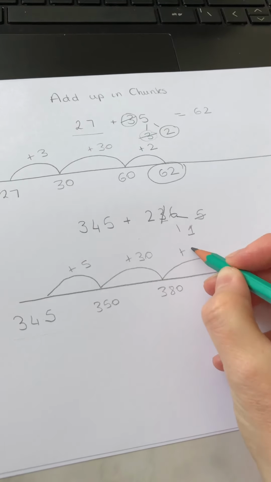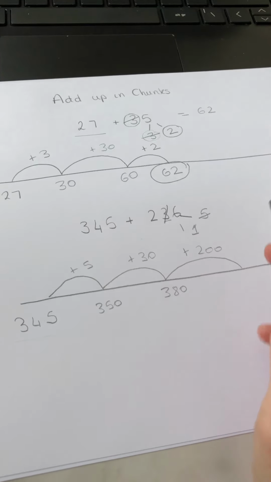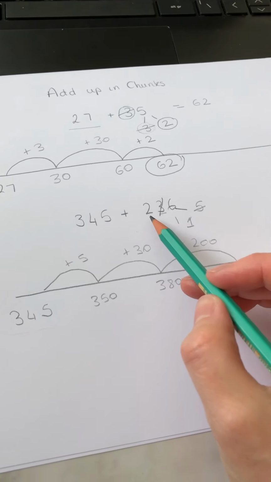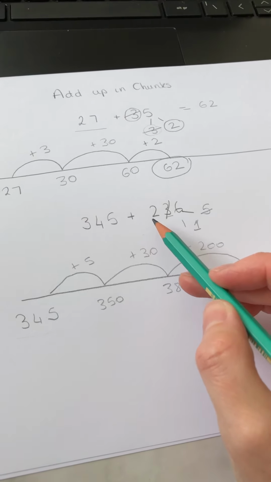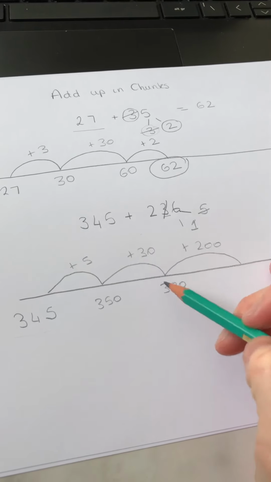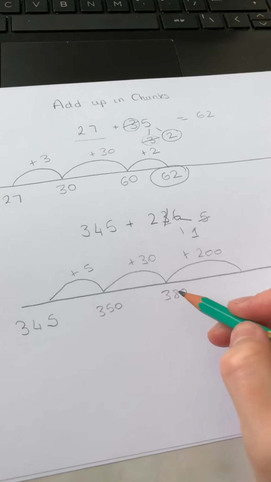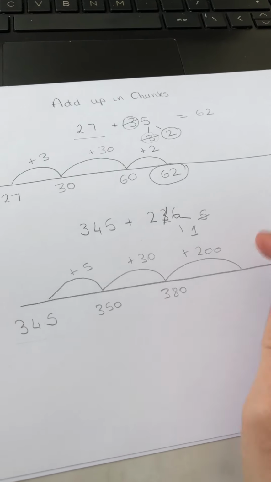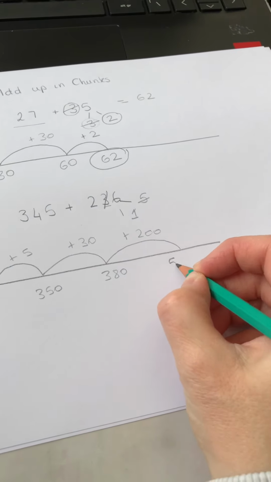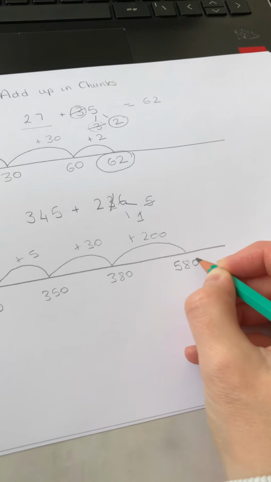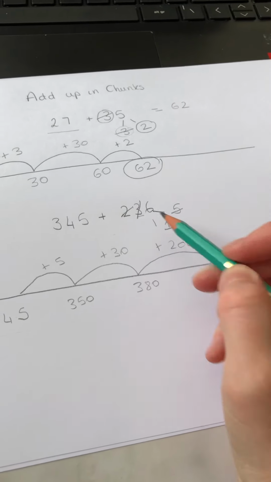So a big jump of 200. Now if you can split the 200, you could split it into 2 lots of 100 if it's easier for you to count that way. So 380 plus 200 is going to take us to 580. Let's score that out because we've used it.